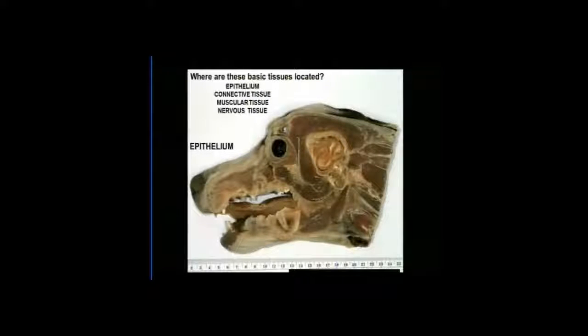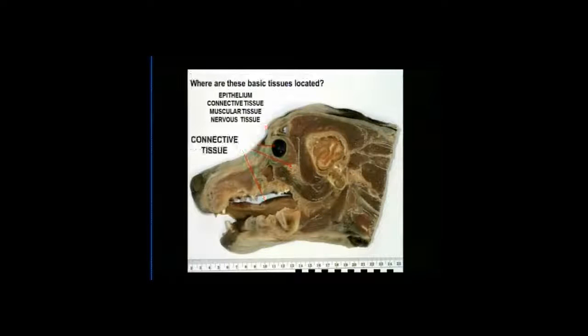So where is epithelium? Well, there's epithelium in the skin. That's what you see of your neighbor, the epithelium. The epidermis, the outside of the skin, is epithelium. There's also epithelium in the eye, in the tongue covering the tongue, and in glands. That's a salivary gland that we see there.